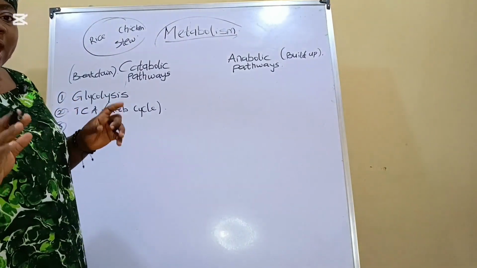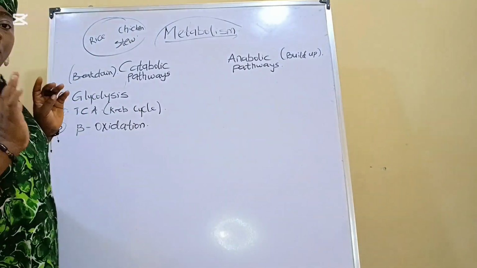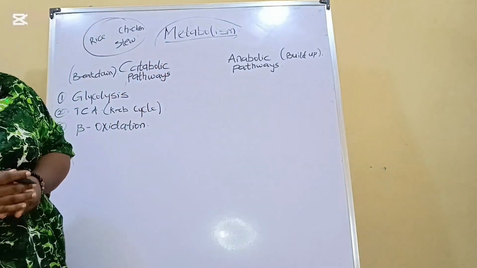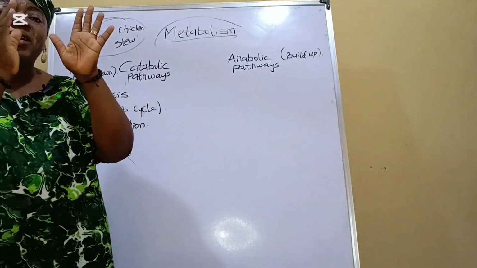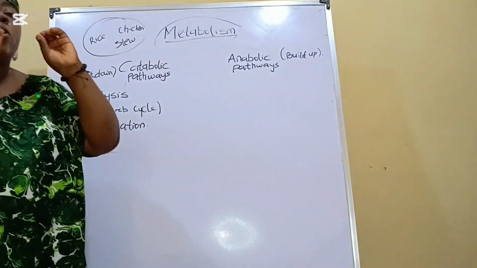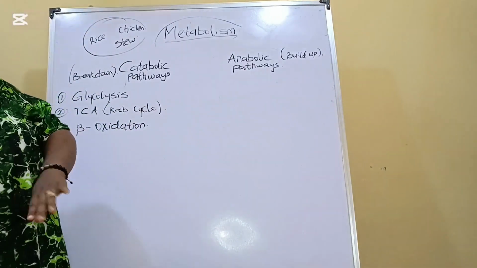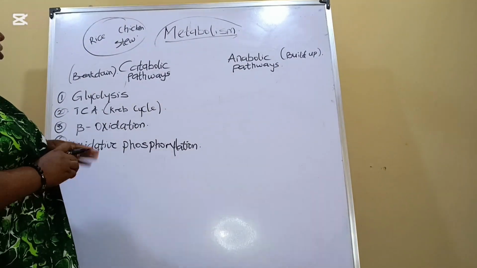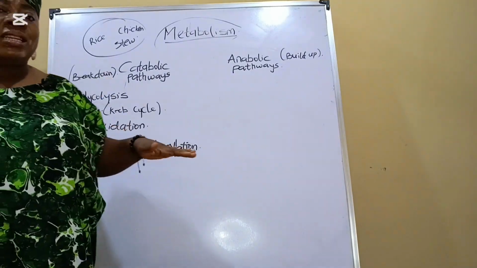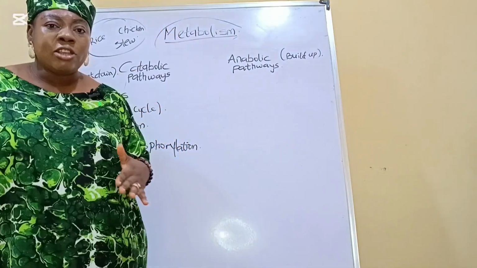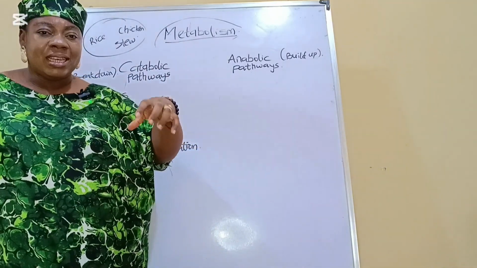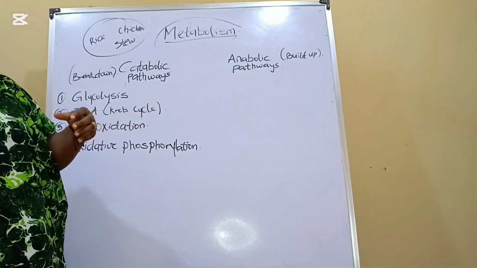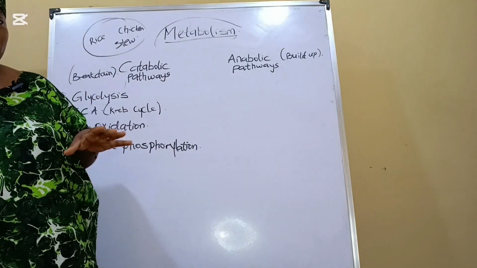Another catabolic pathway is beta oxidation. What it does is help us to break down fatty acids to give us acetyl CoA. And that acetyl CoA can also enter into the TCA cycle. Another catabolic pathway is oxidative phosphorylation, and that process involves the transfer of electrons to oxygen, and through that process there is production of energy, which gives even more energy concentration in the cell.